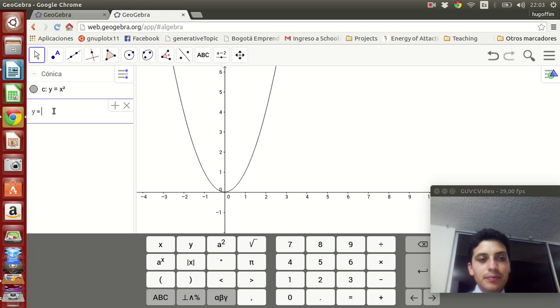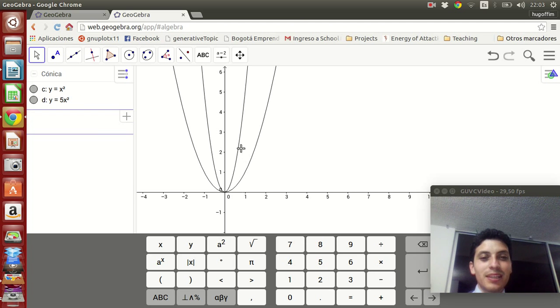Now we're going to increase the value of a. So for example, 5x squared. So this is the narrower graph.